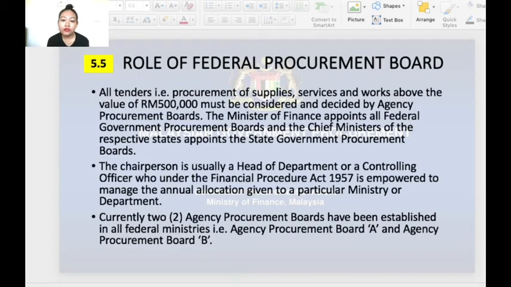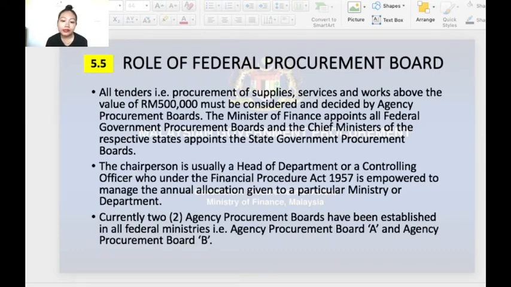The Minister of Finance appoints all federal government procurement boards, and the chief ministers of the respective states appoint the state government procurement boards. The chairperson is usually a head of department or a controlling officer who, under the Financial Procedure Act 1957, is empowered to manage the annual allocation given to a particular ministry or department.